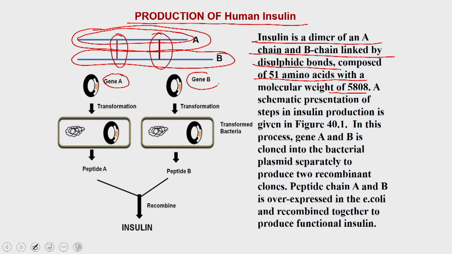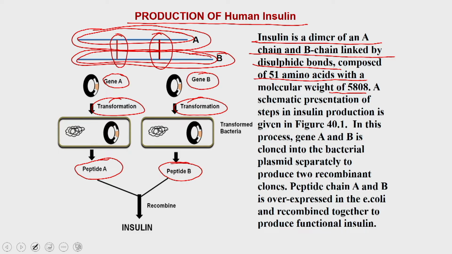Then you have to clone gene B in a separate clone, which is going to give you the other peptide. Then you transform the recombinant DNA containing gene A as well as gene B into the bacteria, induce the bacteria to produce the proteins, and then purify them. One gives you peptide A, whereas the other gives you peptide B, and then you take peptide A and peptide B and recombine them, and that is how you have the insulin at the end.